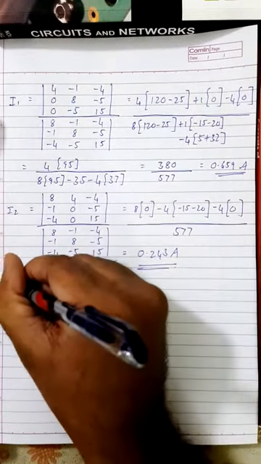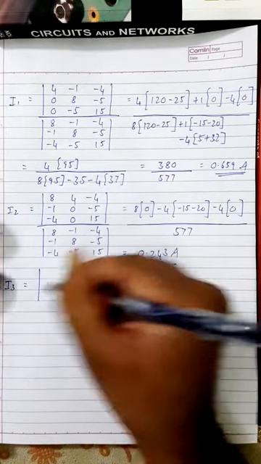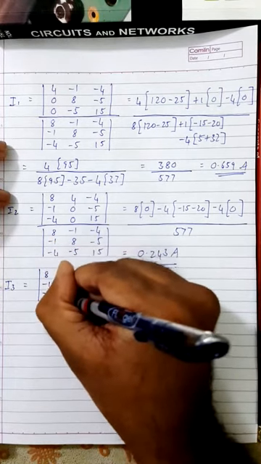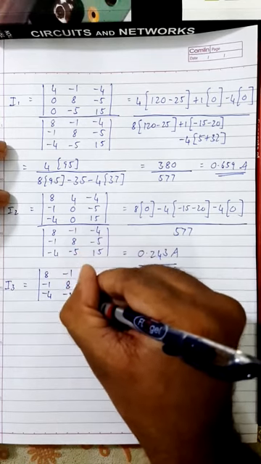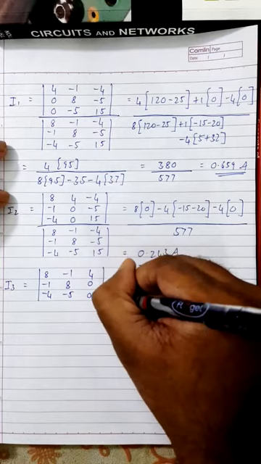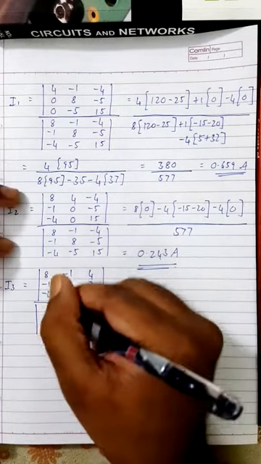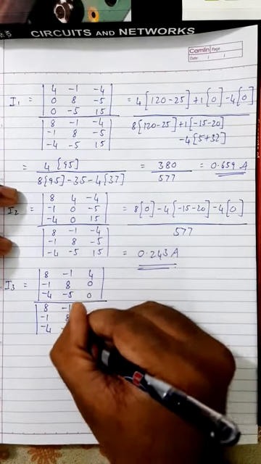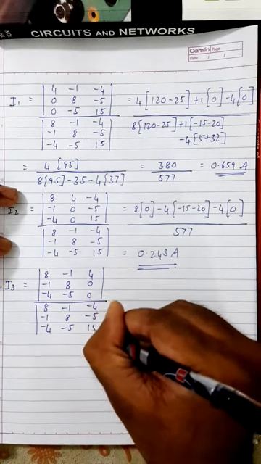Next we'll find the value of I3. So I3 is equal to, the first column will be the same, 8 minus 1 minus 4. Second column will be the same, minus 1 8 minus 5, and the third column is replaced with the voltage source, 400, divided by the coefficient matrix, which will also be the same: 8 minus 1 minus 4, minus 1 8 minus 5, minus 4 minus 5 15.